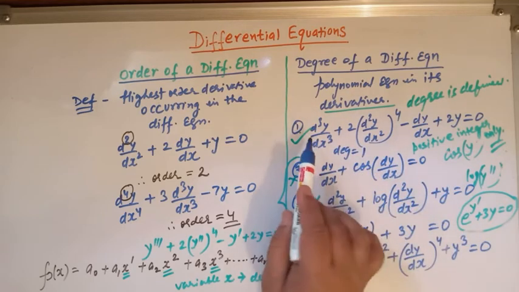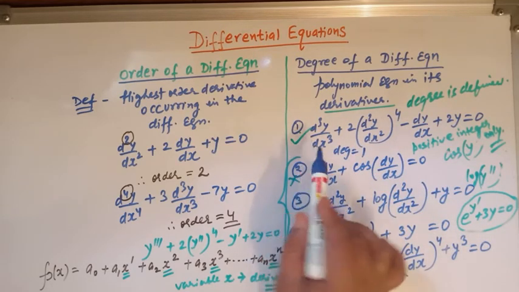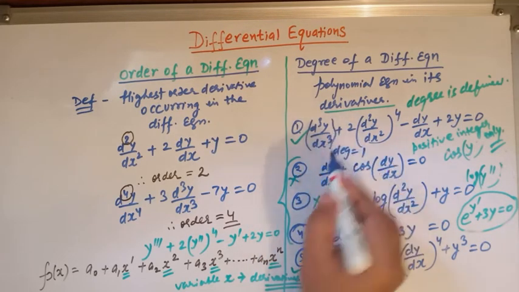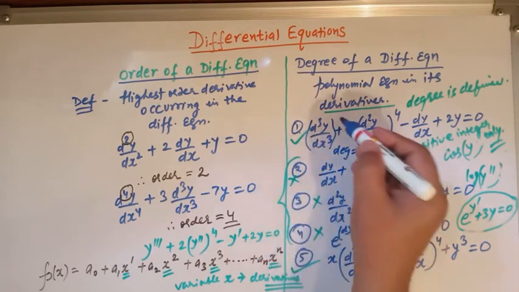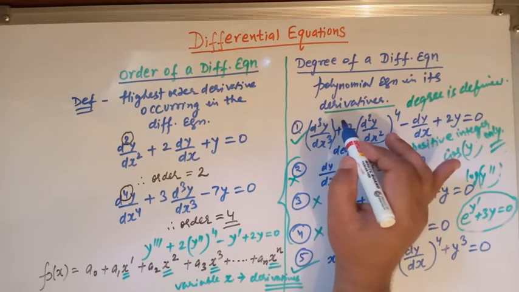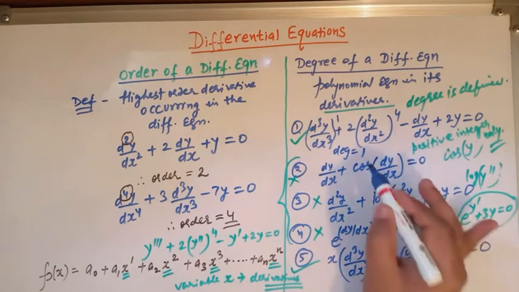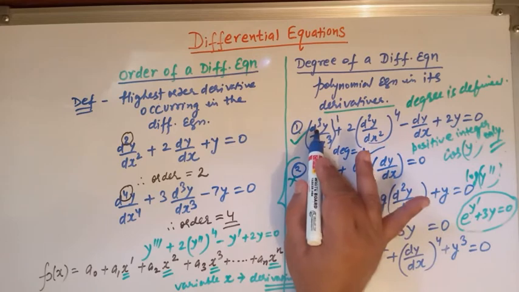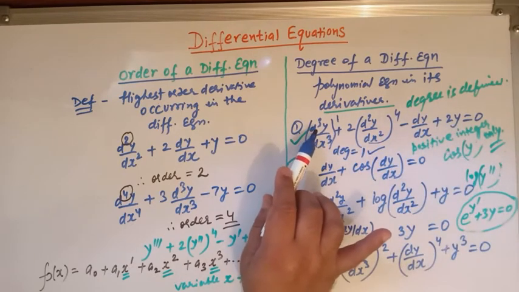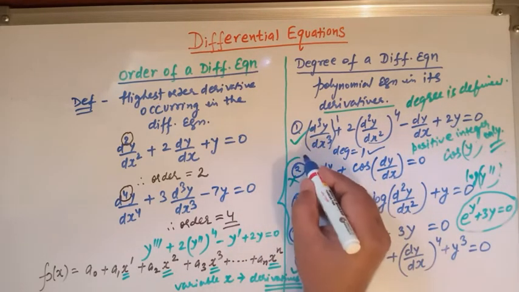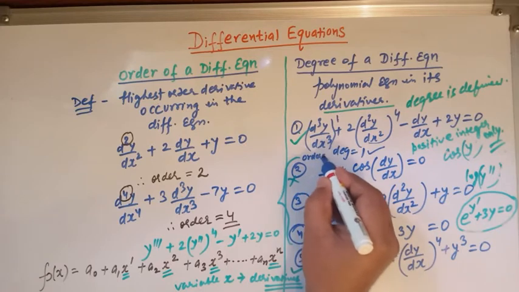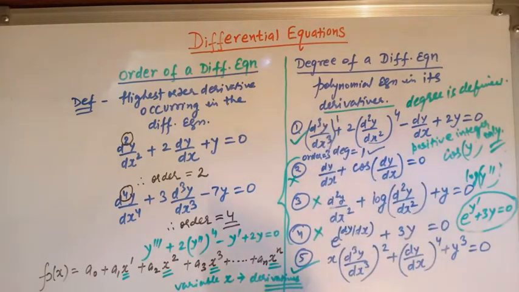Why? Because the highest order derivative is the third derivative here, and the highest power of this is 1. So the degree is 1, and the order of this differential equation is 3. Clear? So the order is 3 while the degree is 1. Clear?